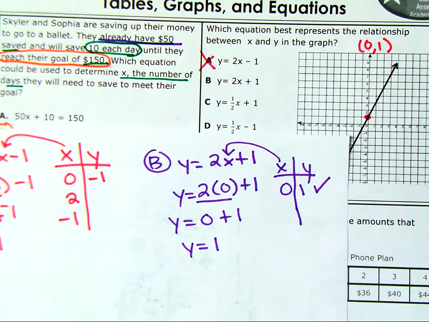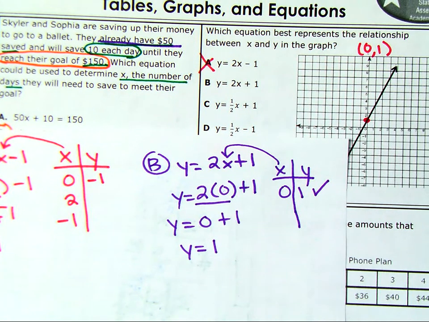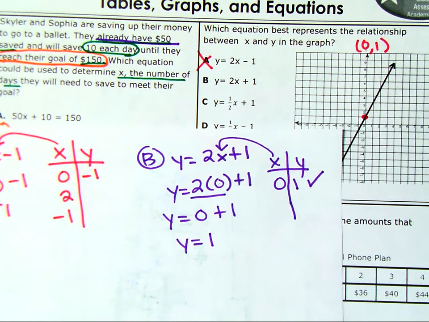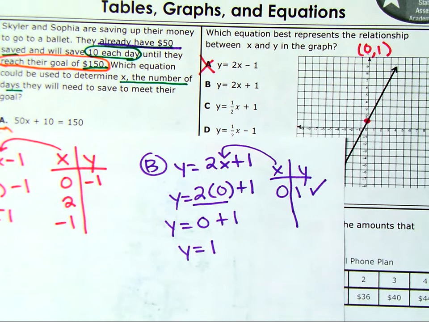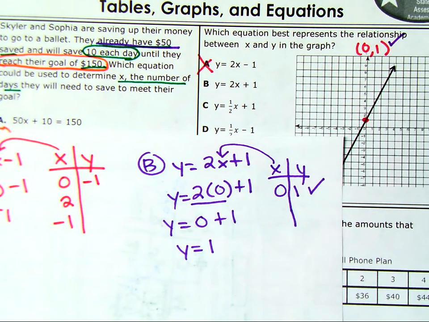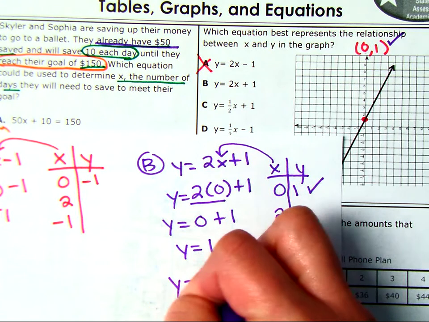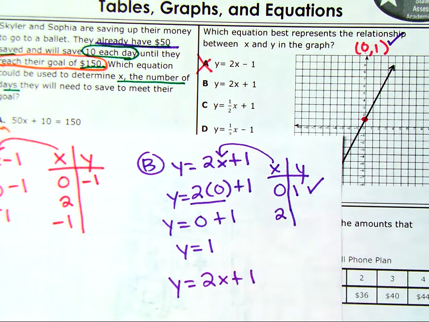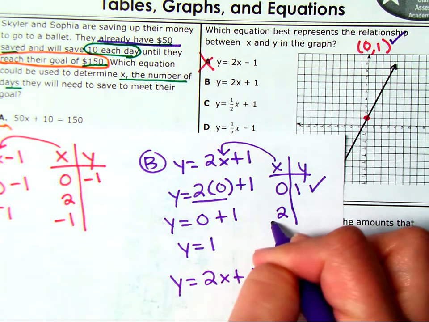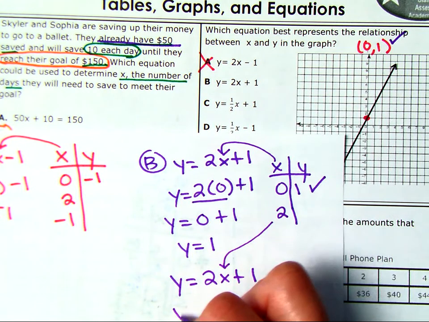That actually checks out. But we can't stop there. We need to try a couple more ordered pairs. The good rule is to try 3. So we know that when x is 0, y is 1, both on my graph and on the table. So let's try when x is 2. So 2x plus 1, I start with my equation. I'm going to take that value of x and substitute it.